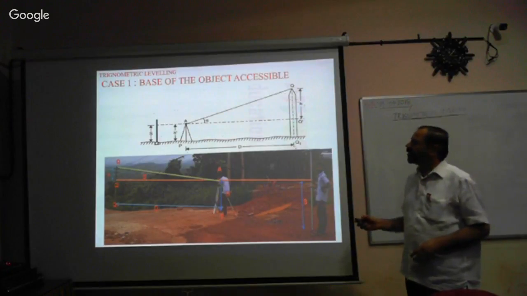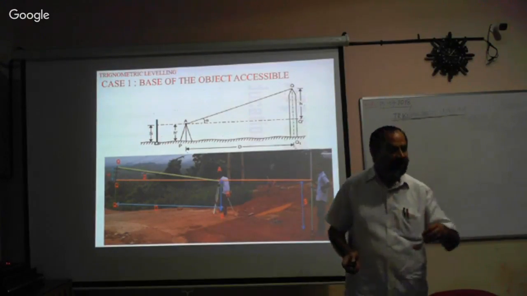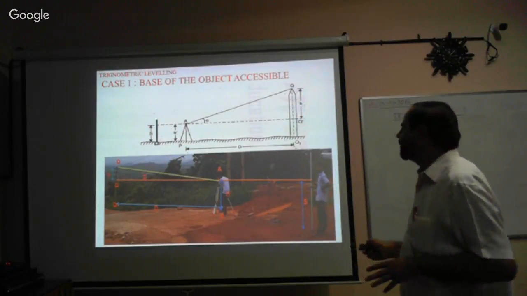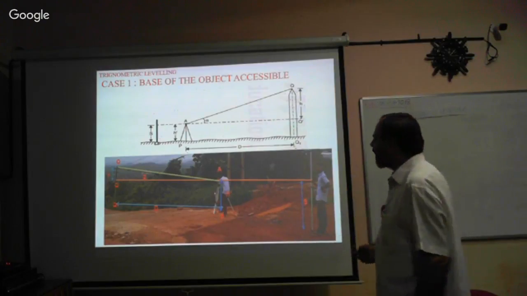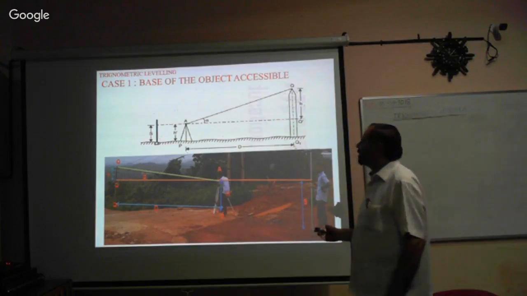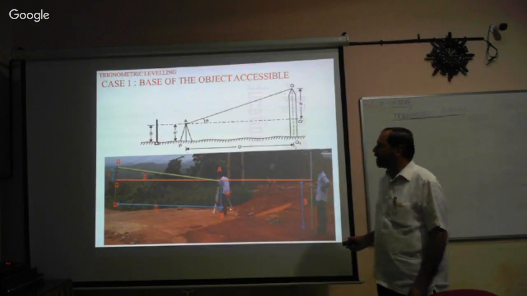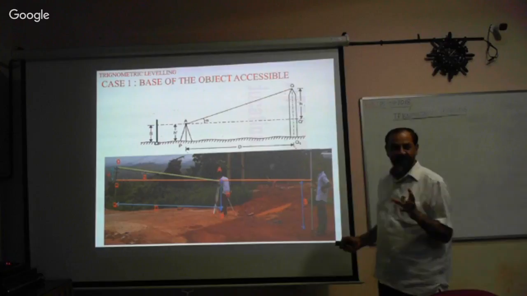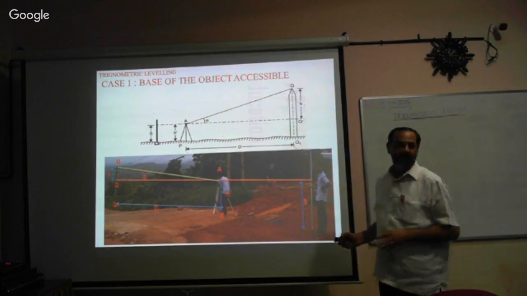Now case 1: the base of the object is accessible. We can reach the base. First install the instrument at a convenient location and perform all temporary adjustments, and make the vertical circle read 0 and 0.